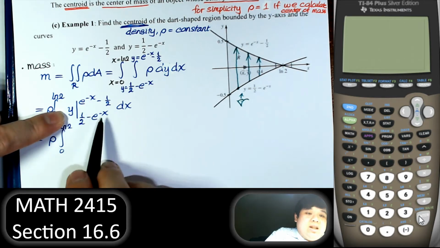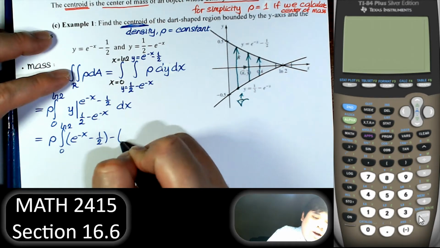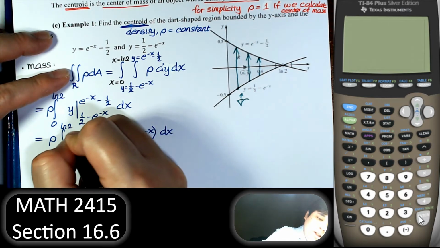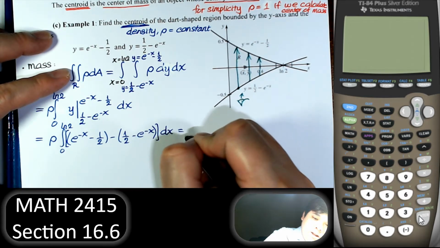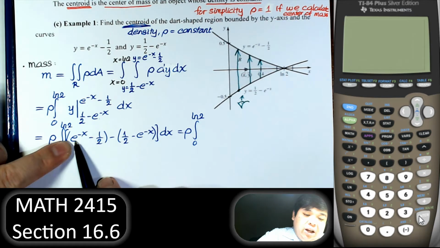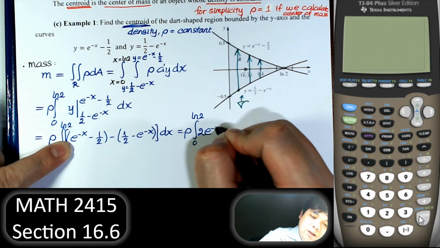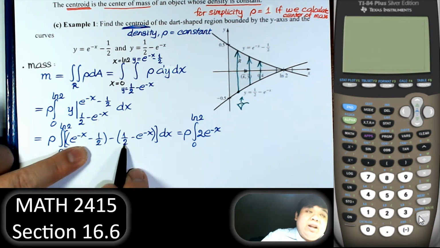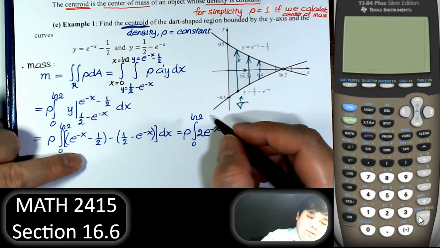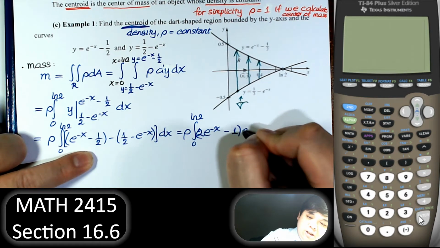Now we substitute y and subtract: e to the negative x minus 1/2, minus (1/2 minus e to the negative x), dx. Right, e to the negative x, negative and negative, makes two of them. Negative 1/2, negative 1/2 is negative 1, dx.